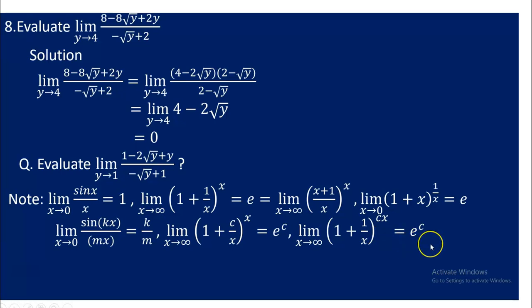So we can write that as e to the power of c. Students must know all of this because there are certain limit questions involving this kind. So you better know them as much as possible. Thank you.